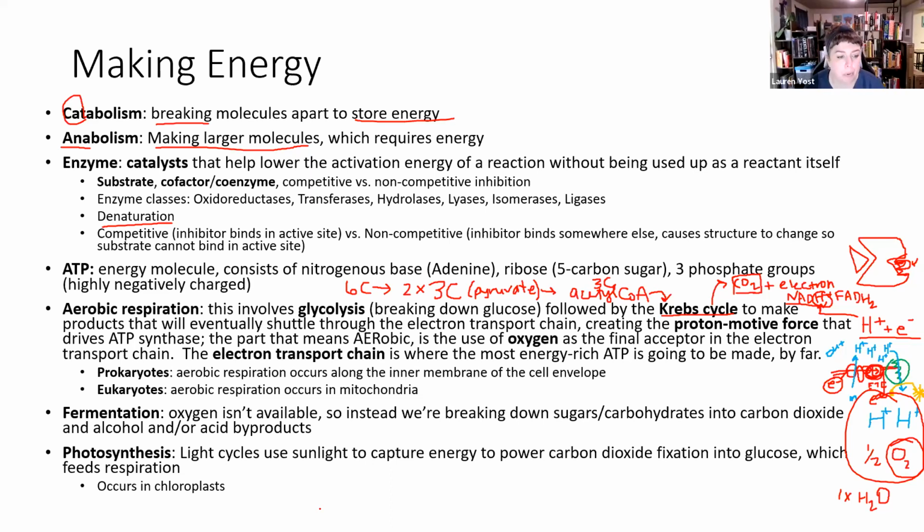We had mentioned that briefly before. We're using the light cycle to capture energy from the sunlight, essentially to power carbon dioxide fixation into glucose. So energy that we make from sunlight, ATP, just made similarly to how the electron transport chain works actually, but without electrons, we're using sunlight to excite things.